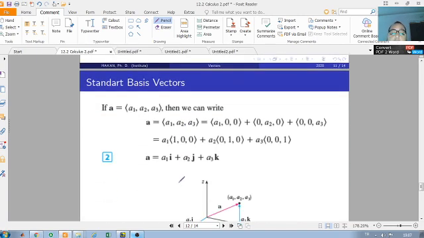They are important because you can select any arbitrary vector, and the general representation will be in this form. Then we can write this as the addition of three vectors by writing (A1, 0, 0), (0, A2, 0) and (0, 0, A3).